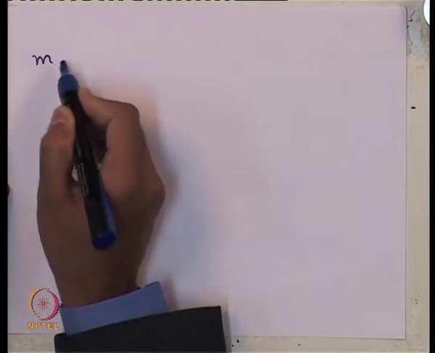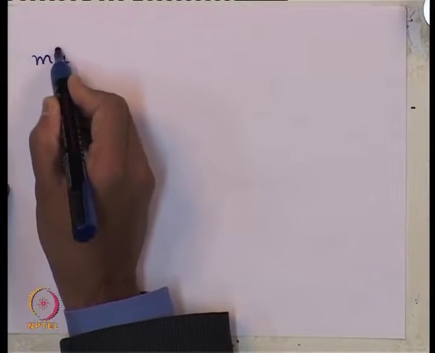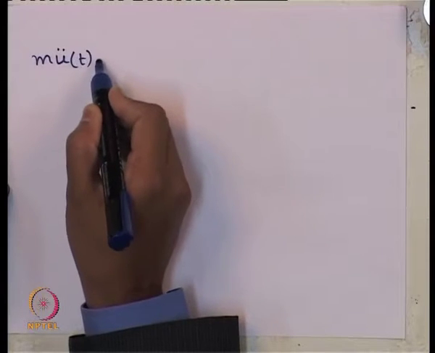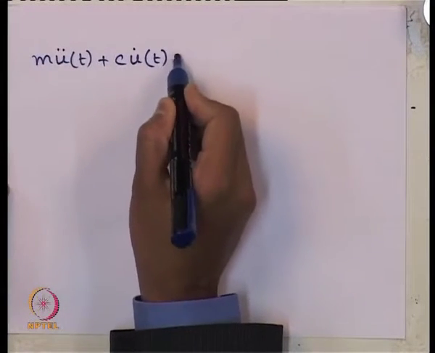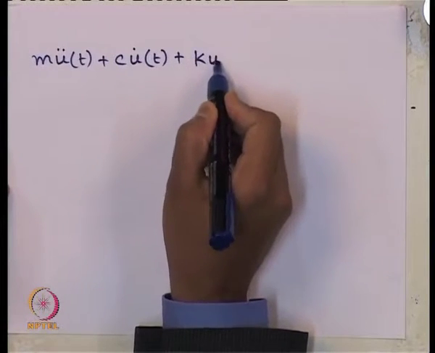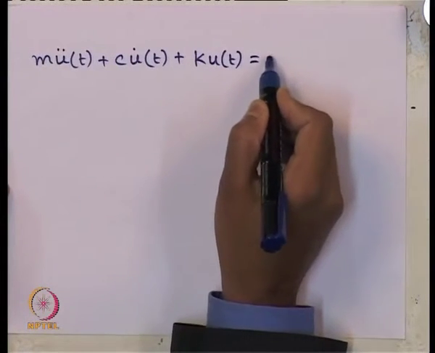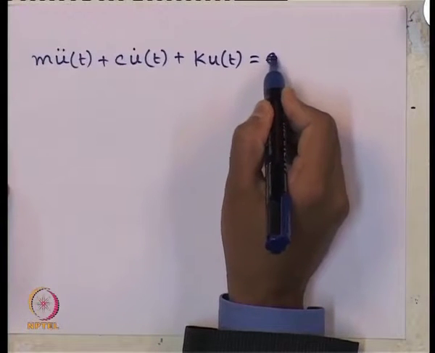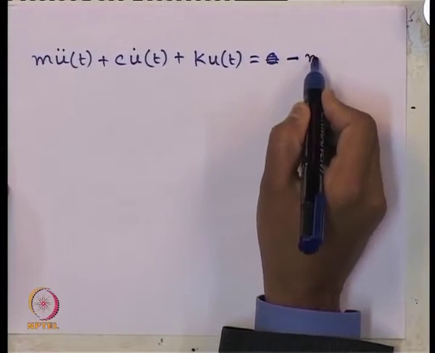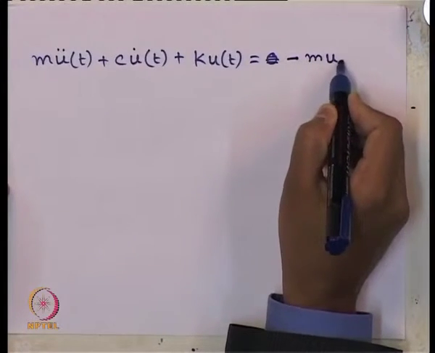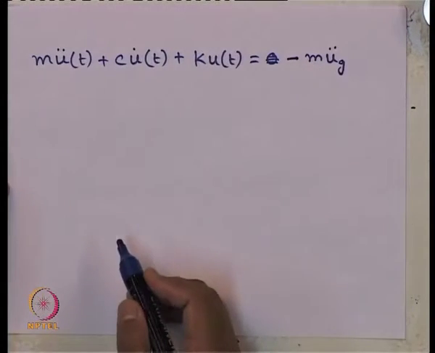So, the equation now I am rearranging: m u double dot t plus c u dot t plus k u of t equals not 0, I am getting here minus m u g double dot.